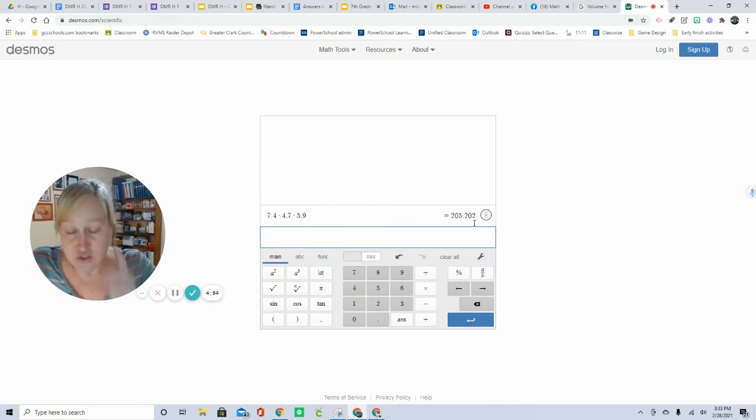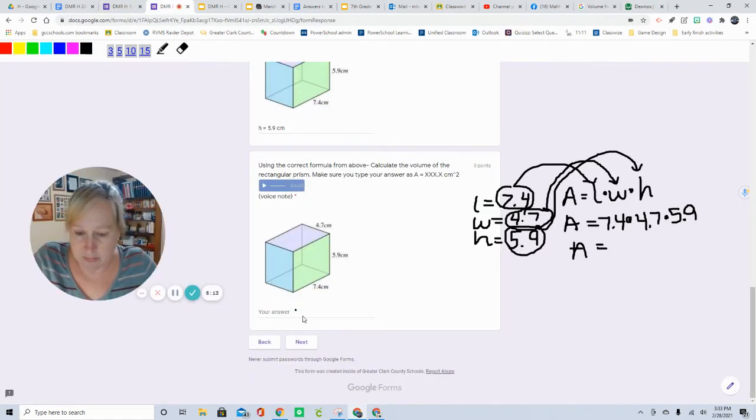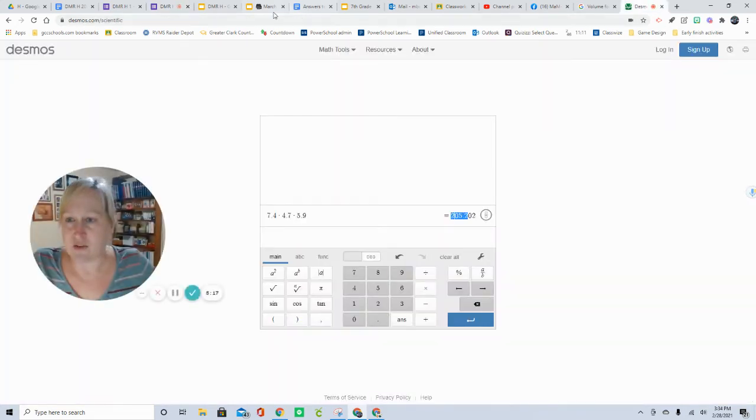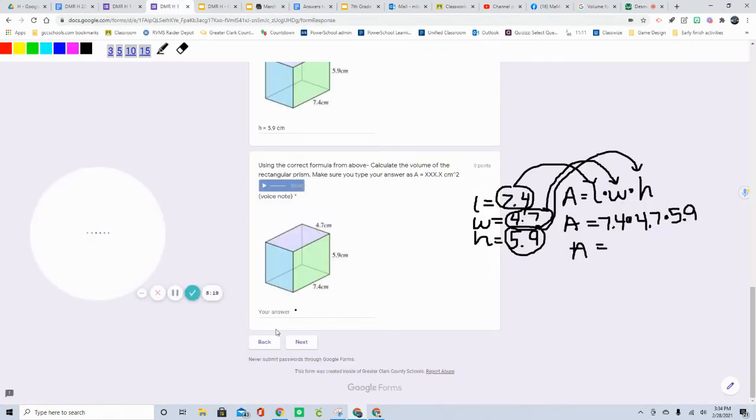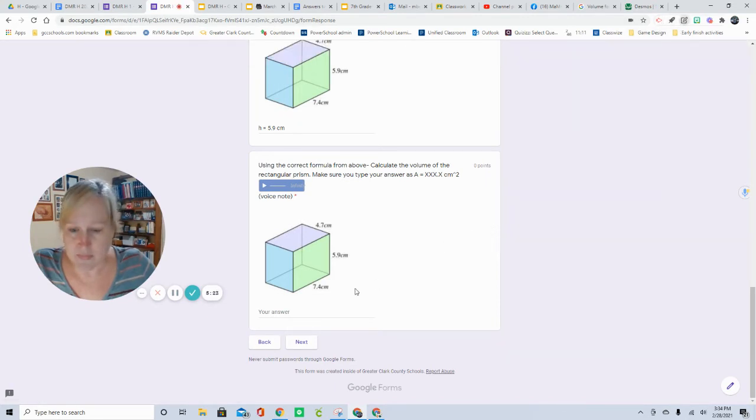The listen-to instructions and the written instructions both said one decimal point. So I'm going to look next door. It's 0.20. That 0 tells me to stay at 0.2. So my answer is 205.2. Coming back over here, I will type in 205.2.